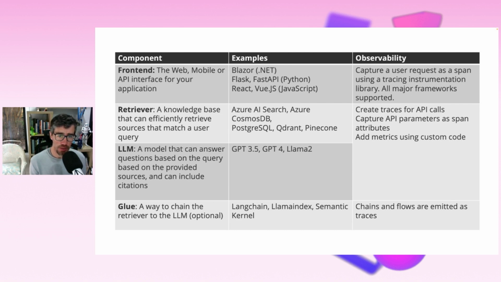Especially with AI and LLMs, the retrieval time and the reliability of the response are things that you want to measure and capture. So I would suggest doing those as metrics and capturing the API parameters as span attributes, which you would get out of the box. If you're using an orchestration library, then capturing the chain or the flow and trying to emit that as a span, again, is really important.